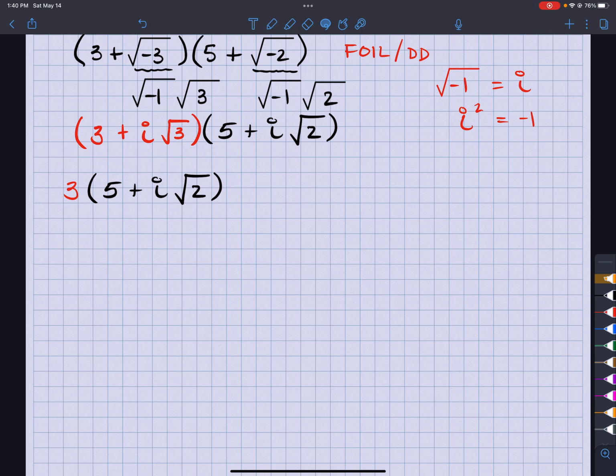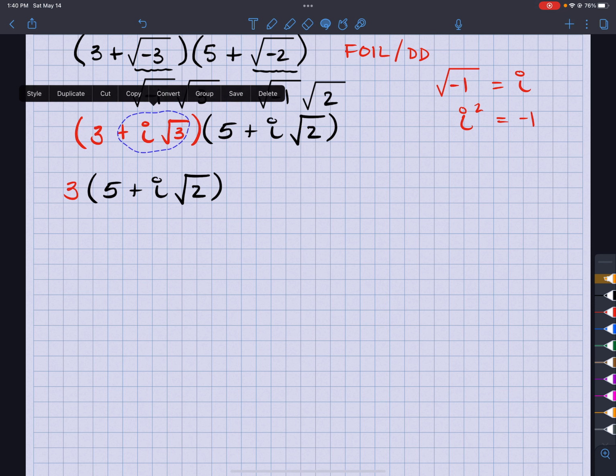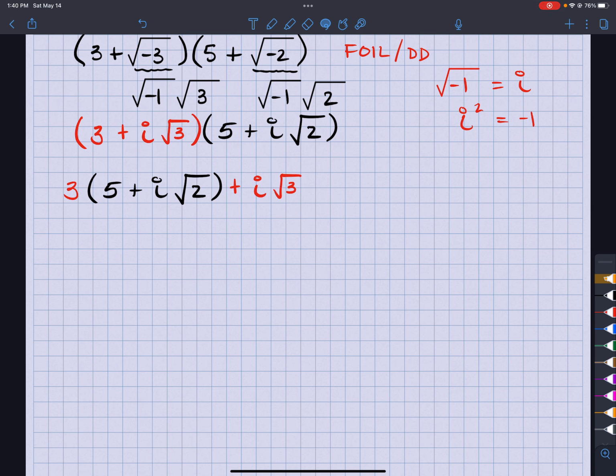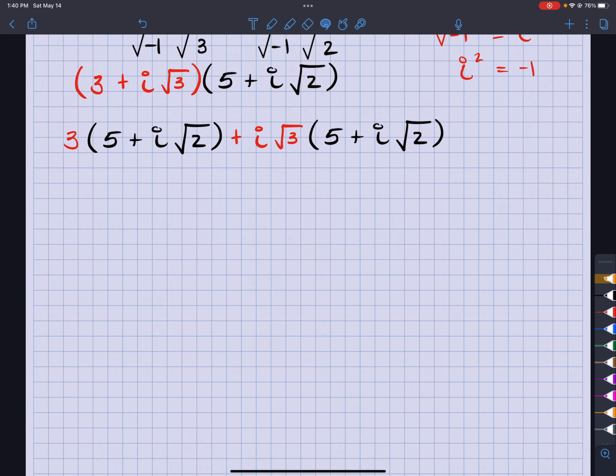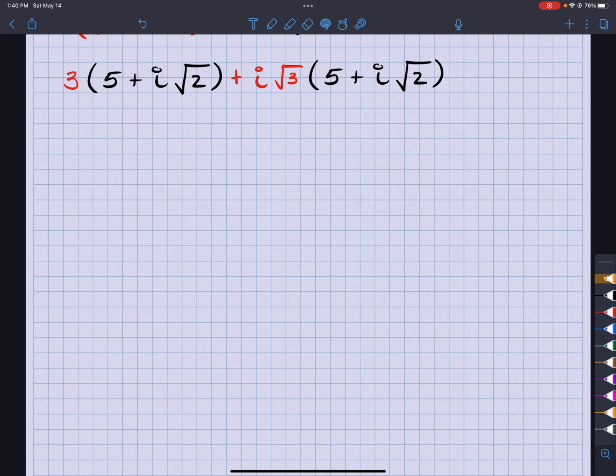Then taking the second term of the first parentheses and again distributing that alone into that second parentheses as well. Again, it's easier to see. So let's go ahead and do this.